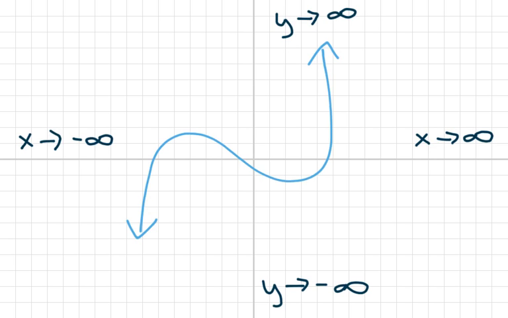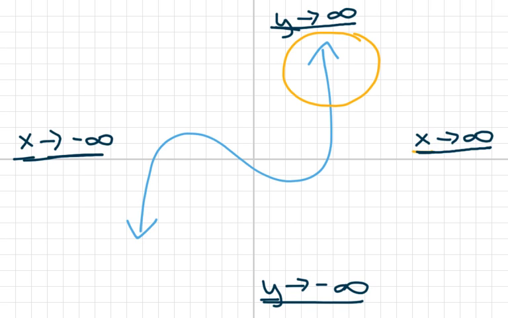This end is in the first quadrant. Now look at what I've done here. Instead of just labeling x, y for my axes, I'm saying x approaches infinity on the right end and x approaches negative infinity on the left. On the y-axis, y approaches positive infinity up top and y approaches negative infinity on the bottom.